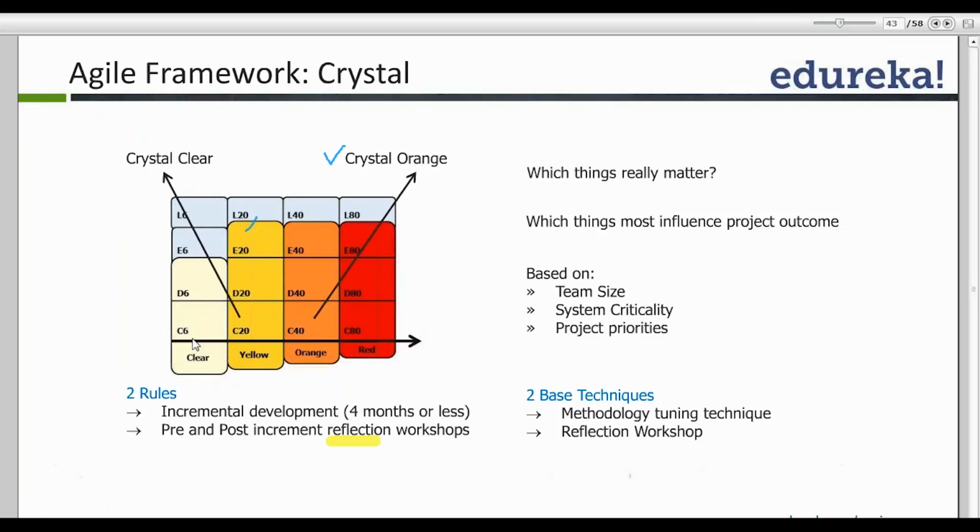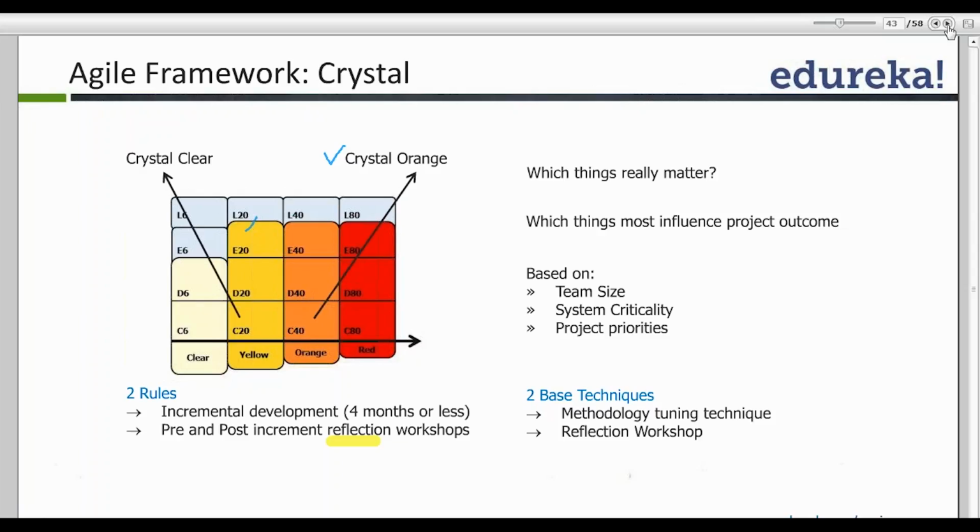That is what the Crystal framework is. As I said, from an exam perspective it's not important, and even in the industry Crystal is hardly used, in single-digit percentage. You'll find probably 6 to 7% of the total projects really using Crystal.